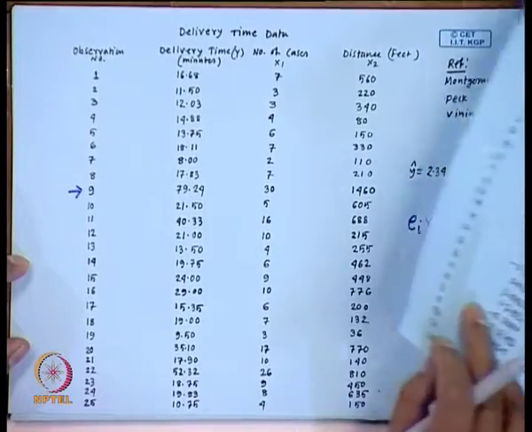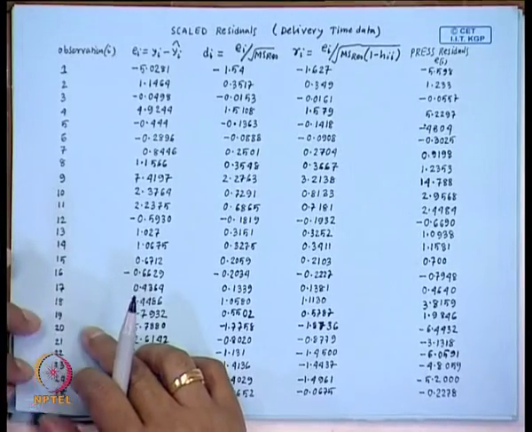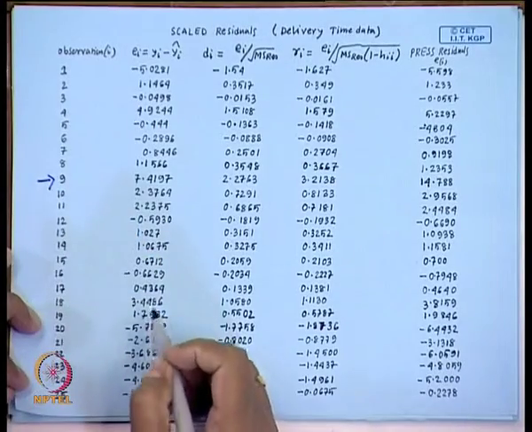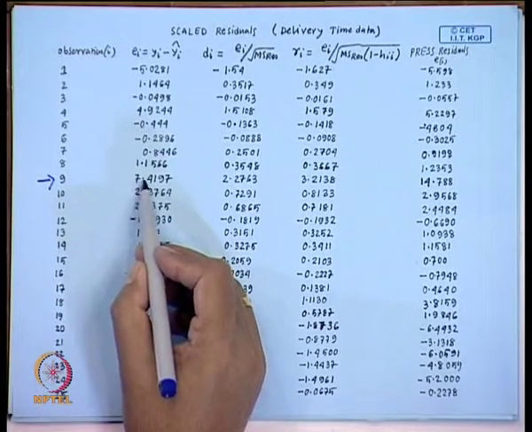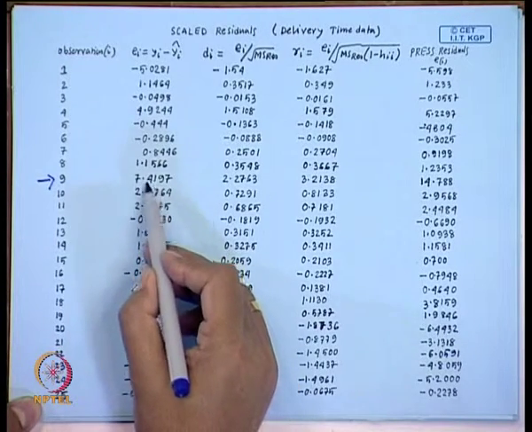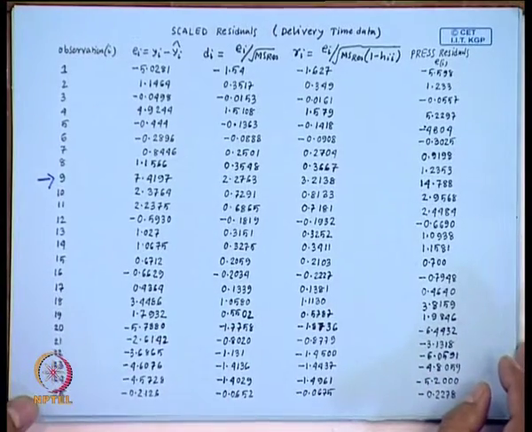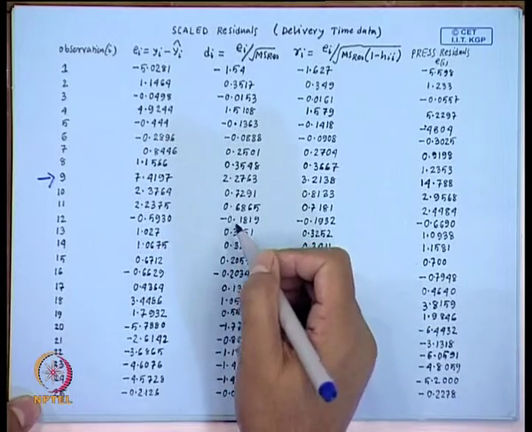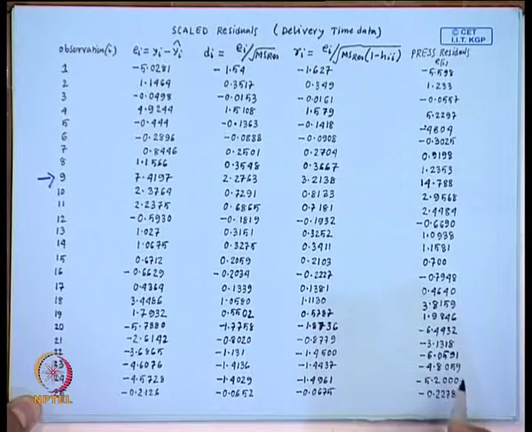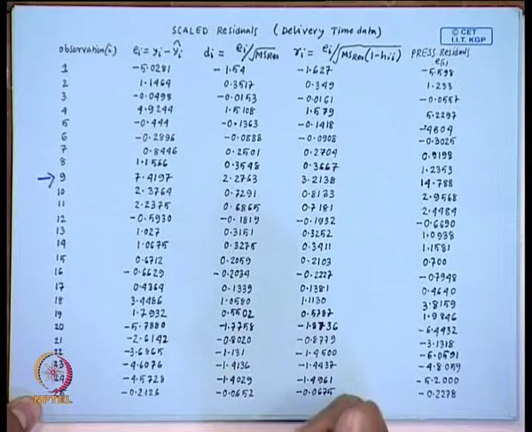And let me check the residual for the ninth observation. Note that the residual e9 is 7.41, which is suspiciously large compared to the other residuals.